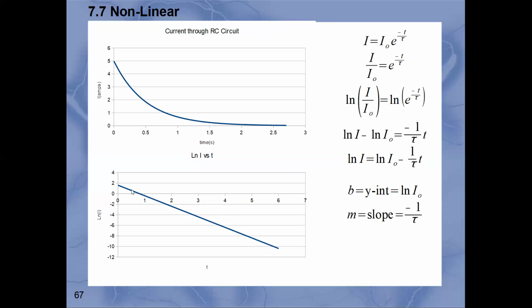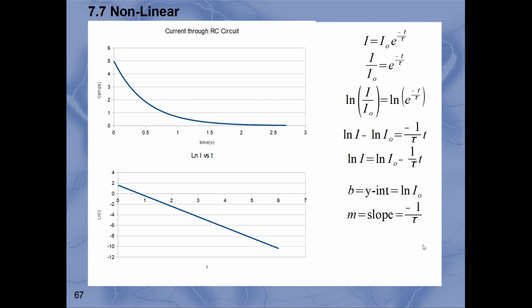And what we see is that our y-intercept is just going to be the log of I naught, and our slope is equal to minus 1 over tau. So if we calculate the slope, we can figure out what tau is.